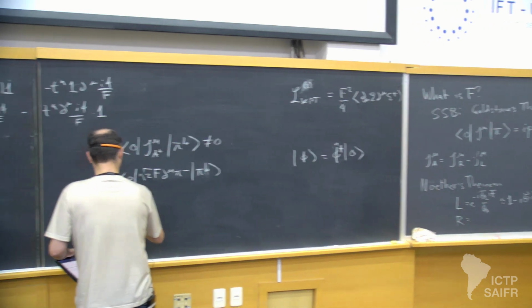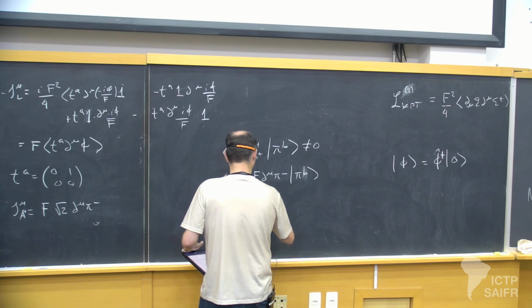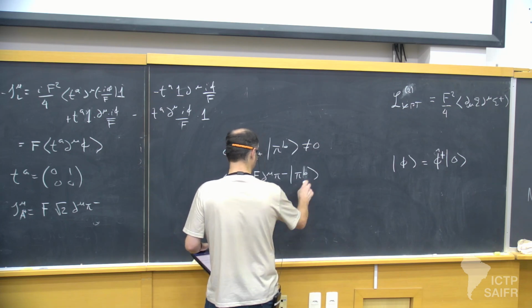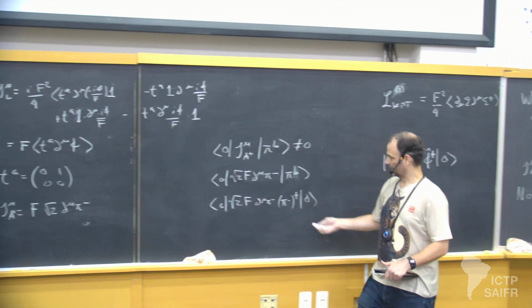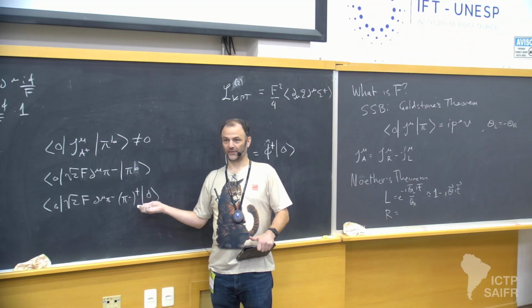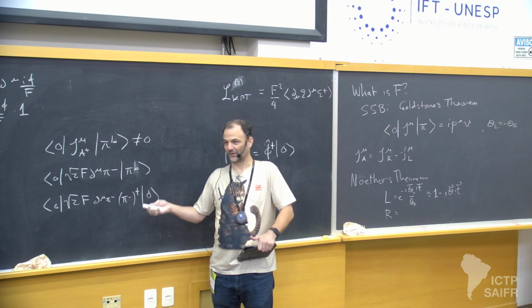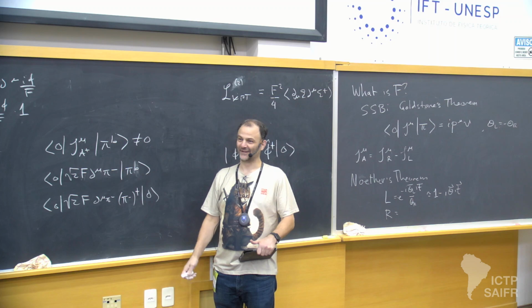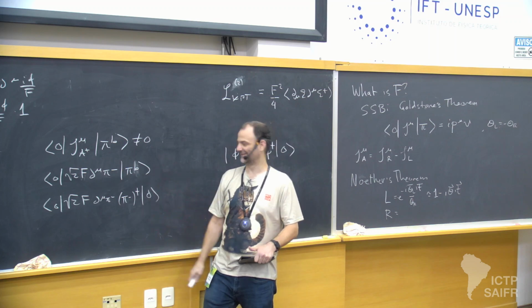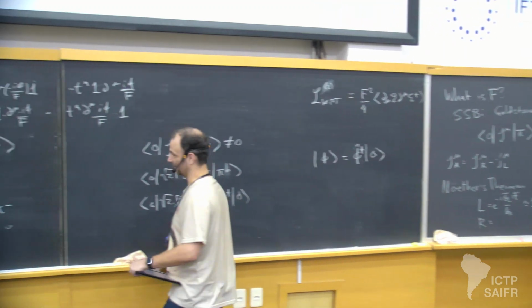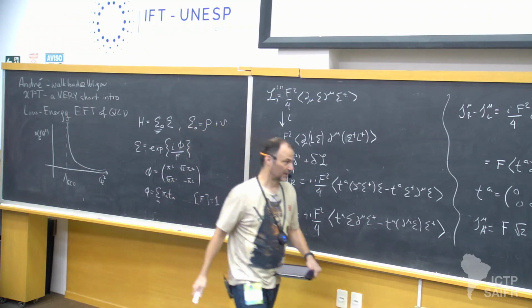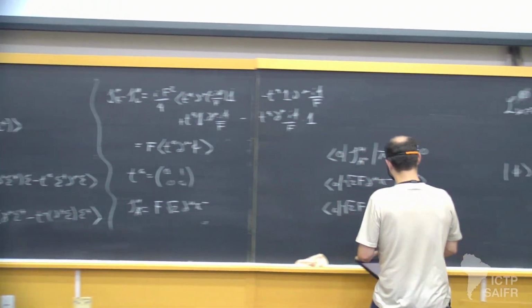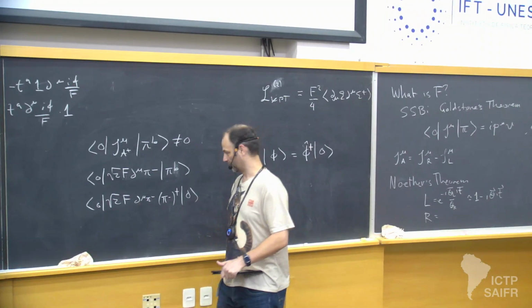So 0 root 2 f d mu pi minus, and then this is going to be a pi minus creation operator acting on the vacuum. And a pi minus creation operator is a what field? Again, it's a pi plus, okay. Very good. Yeah, because again, the fields are Hermitian conjugates of each other. So the pi plus field can annihilate a pi plus or create a pi minus.